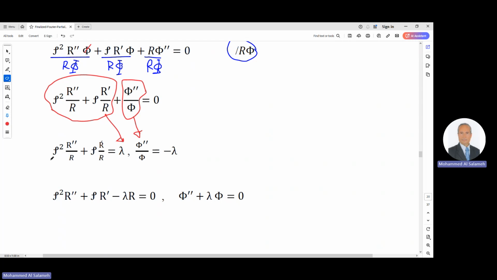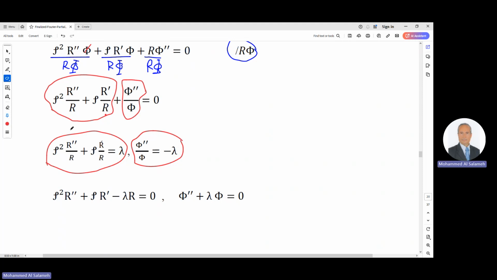Now, this is an ordinary differential equation of second order with variable coefficients. And this is an ordinary, not partial, differential equation of second order with constant coefficients.